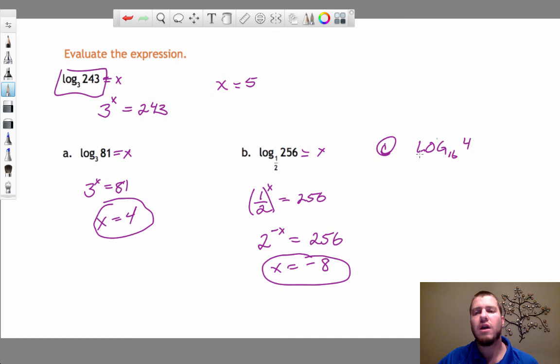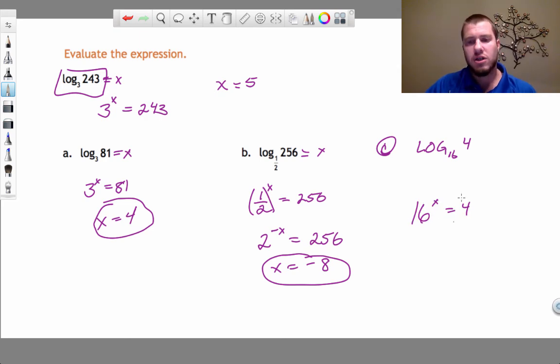So you go ahead and try to do this one, log base 16 of 4. Go ahead and pause it for a second, think about it, and see what you can figure out. So you should have started out by saying 16 raised to what is equal to 4. It's getting lower. You have to notice that. It doesn't mean it's a negative. A lot of people make the mistake of thinking it's a negative. But a negative would move it into a fraction and move it to a denominator.